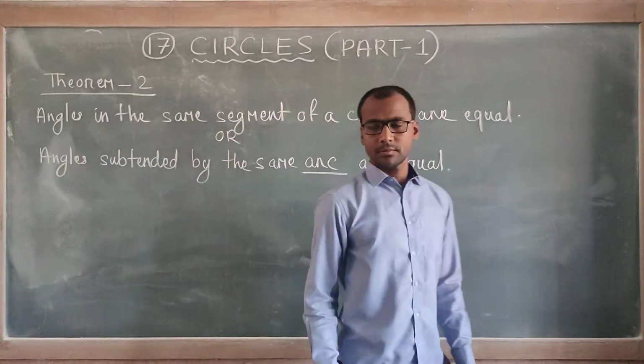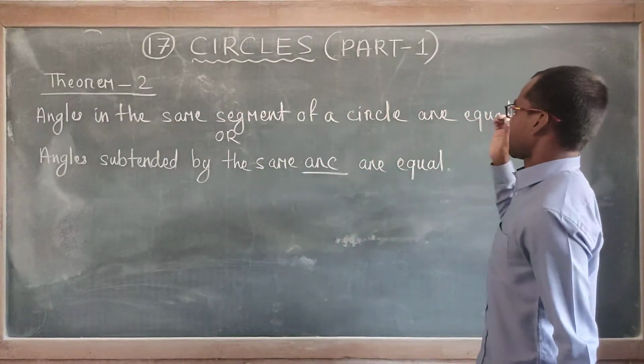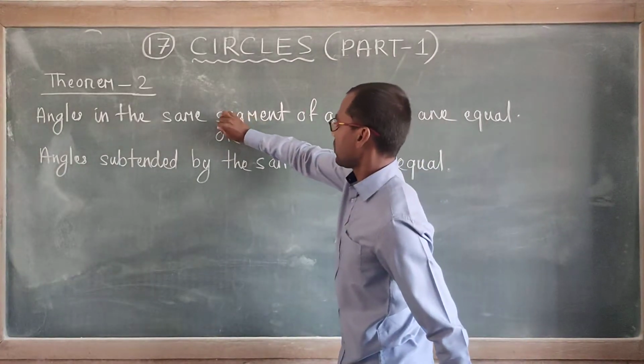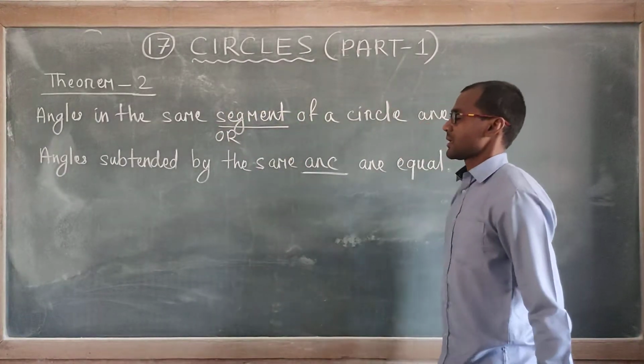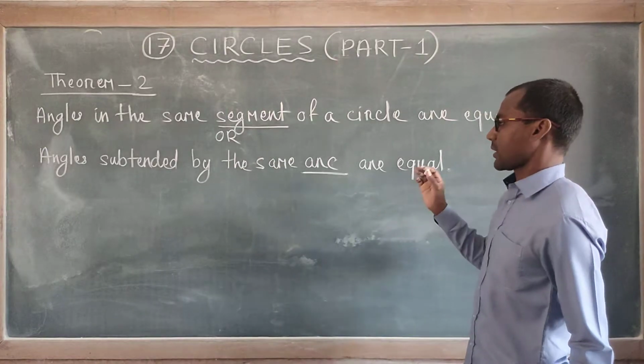Try to understand. Angles in the same segment of a circle are equal, or the same thing only, angles subtended by the same arc are equal.